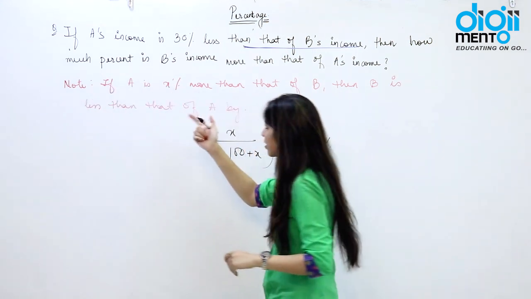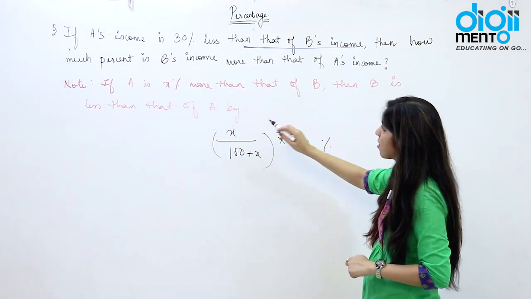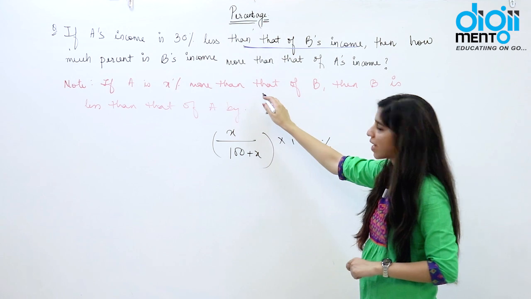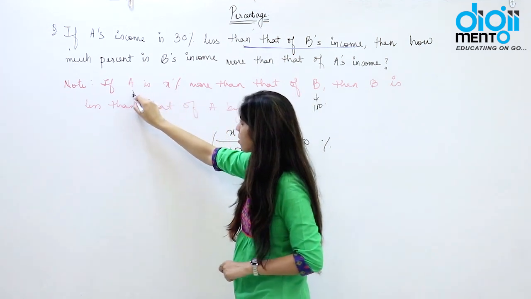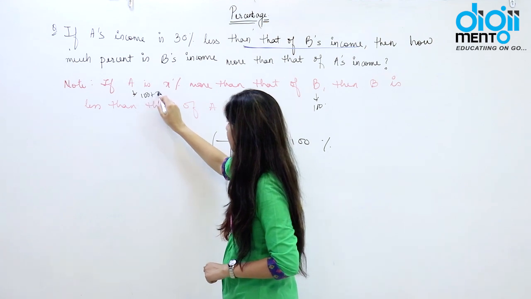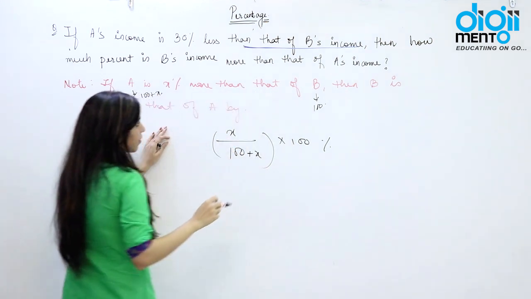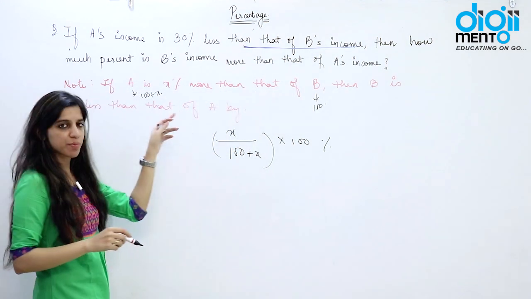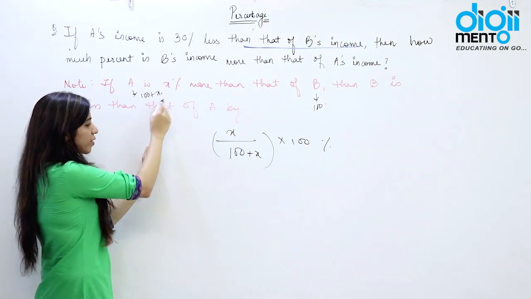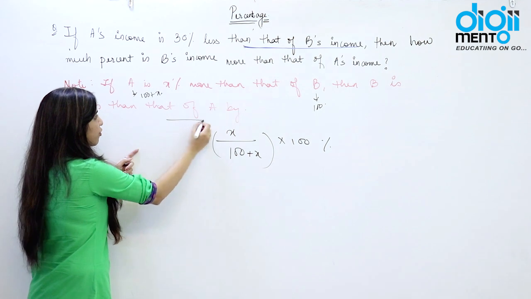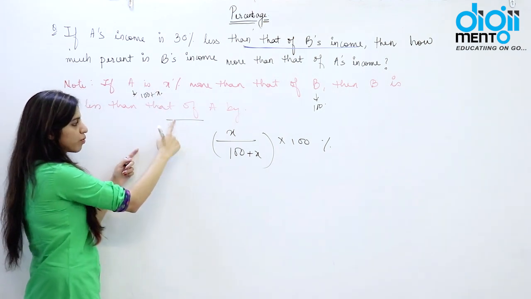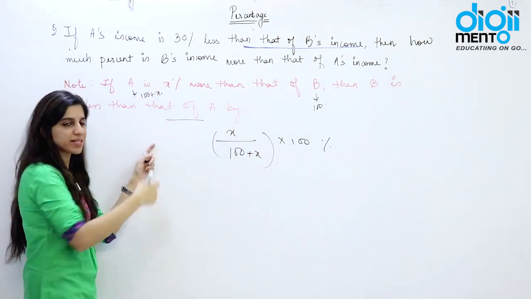If you just look at it quickly, what it is saying is, if A is x% more than that of B, it means you assume B was 100, then what would A be? A is going to be 100 plus x. Now what they are saying, B is less by, you can clearly see in absolute sense, it is less by x, and that of A means the reference is going to be A, so it is going to be x upon 100 plus x into 100.